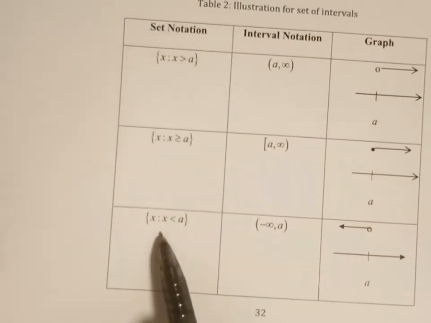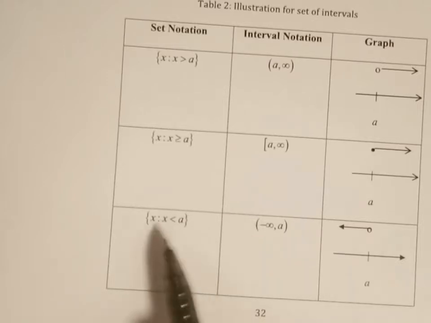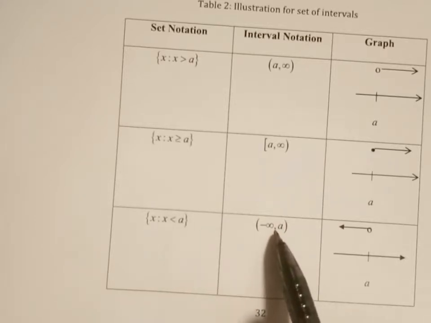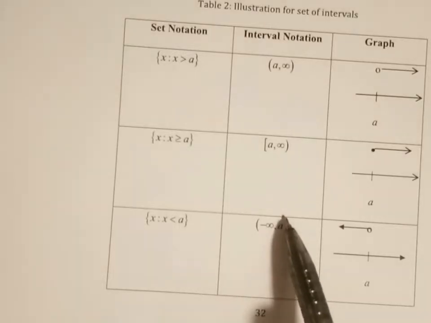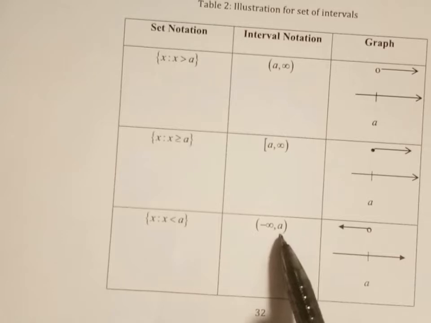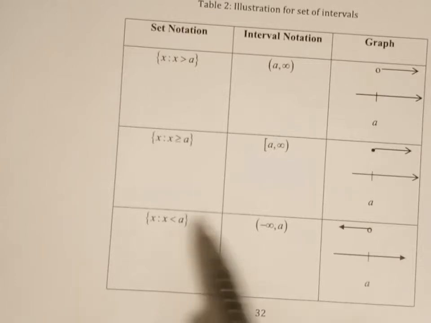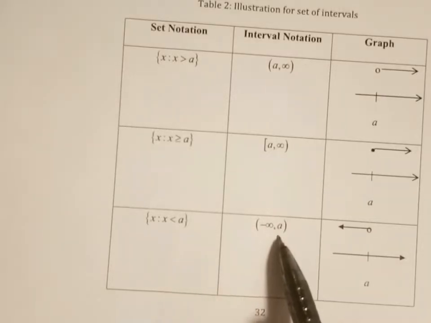Okay, for the symbol x less than A, meaning that x does not equal A. For interval notation, we have from minus infinity to A, and at A we have an open interval since A is not included here. There is no equal sign here, so we have an open interval.